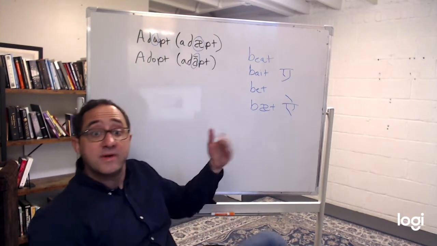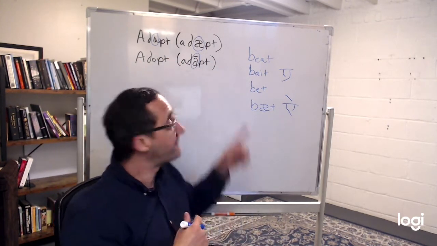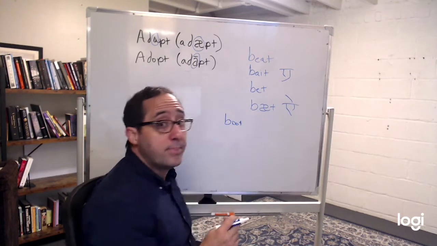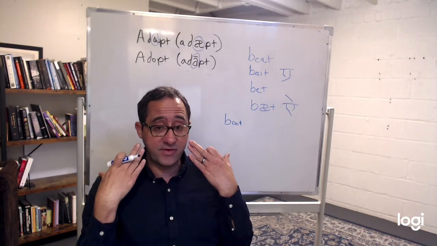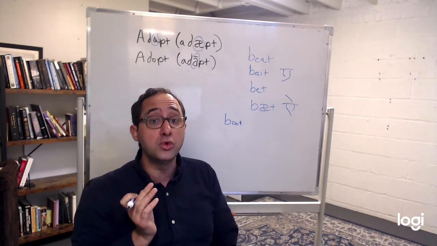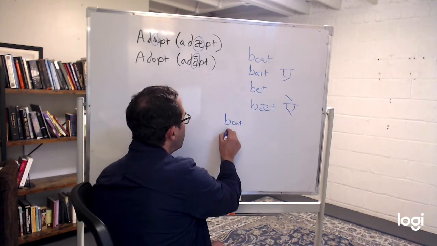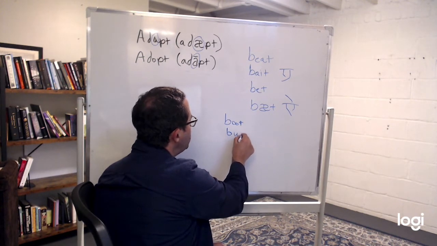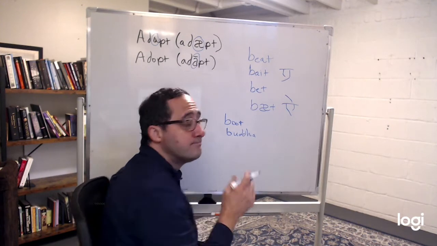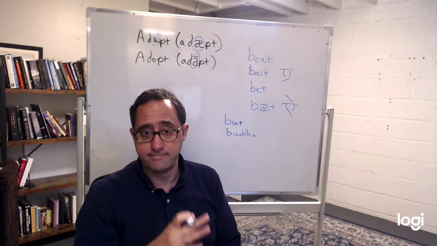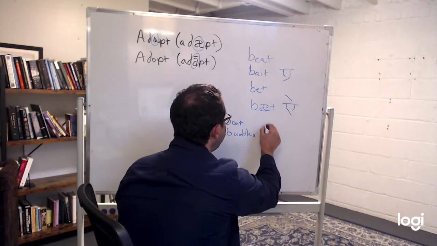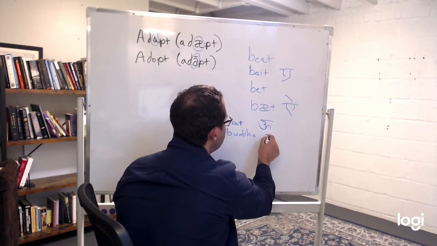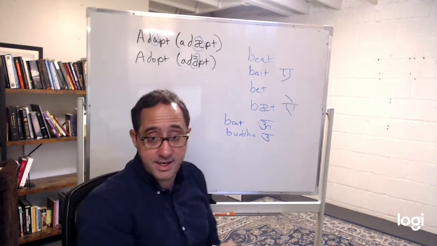Adapt. If we go a little bit further back, for adopt, we start with oo. Boot. This is in the back of the mouth, but the tongue is high. Boot, Buddha. In Hindi, it would be the boot, Buddha.